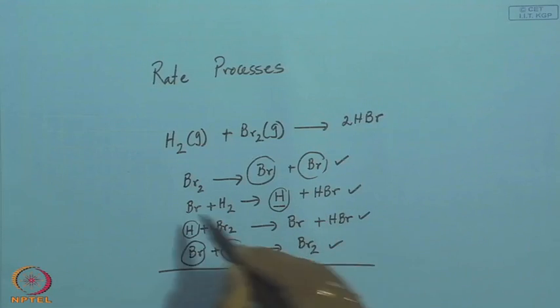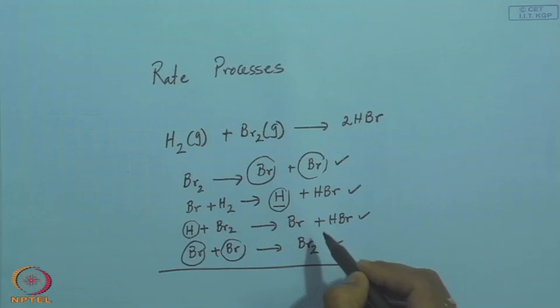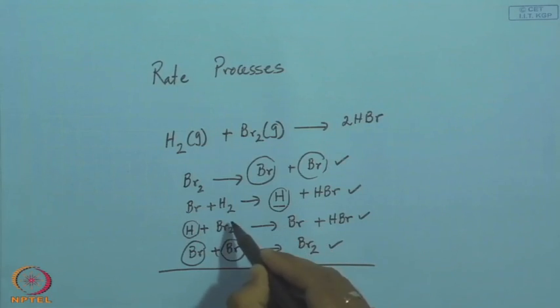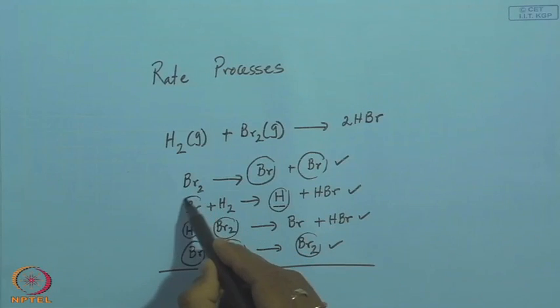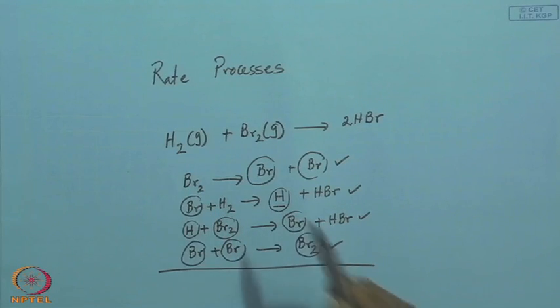You see that there is one bromine, these two are cancelled, then this bromine and that bromine will cancel. So, to give you Br2 plus H2 producing twice HBr.